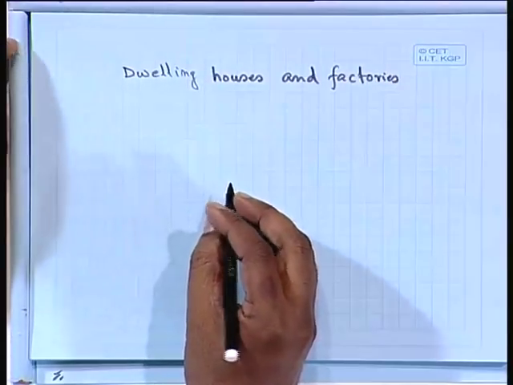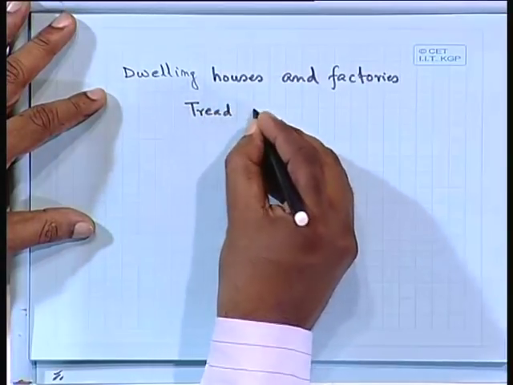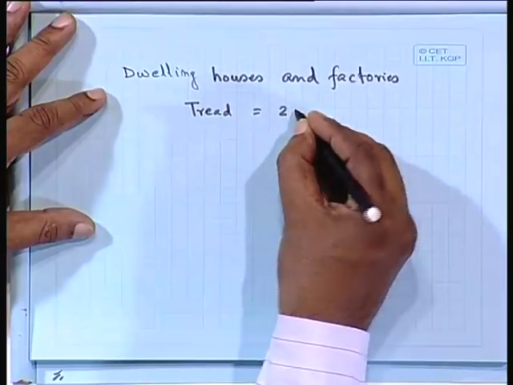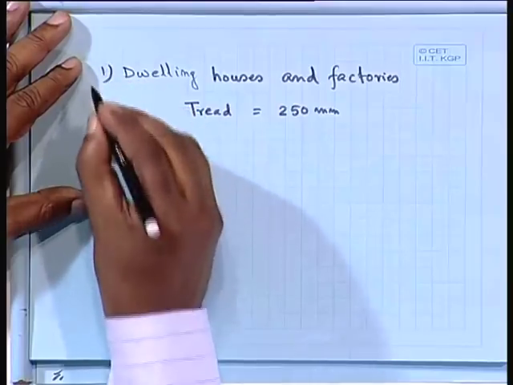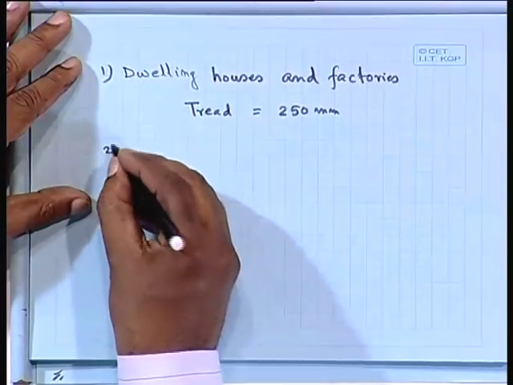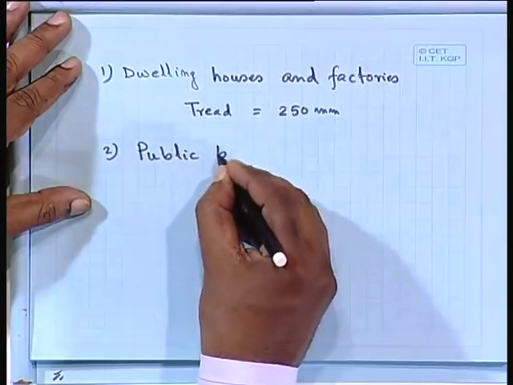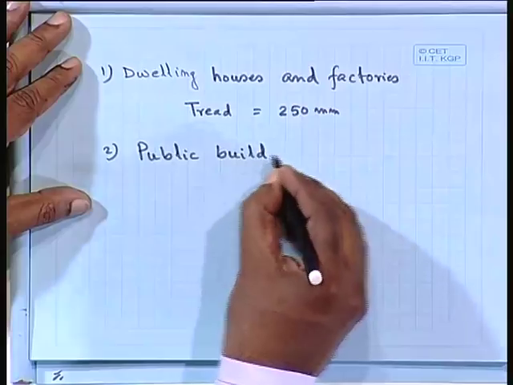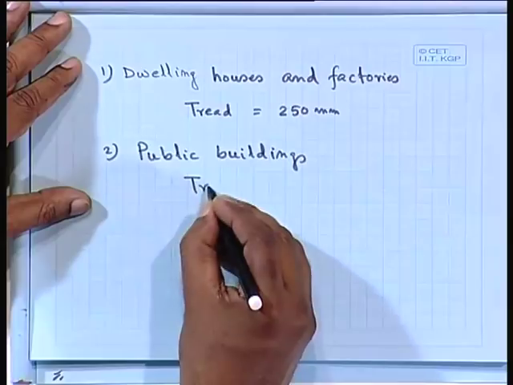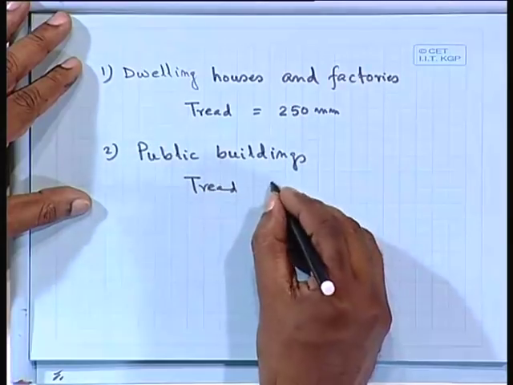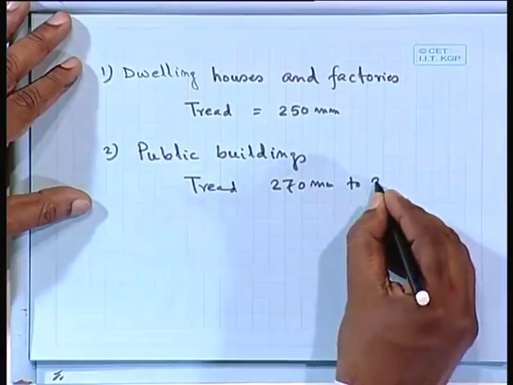If we consider the tread, we can take it as say 250 millimeter, or a little less, whereas in public buildings the tread will be in the range of 270 millimeter to say 300 millimeter.